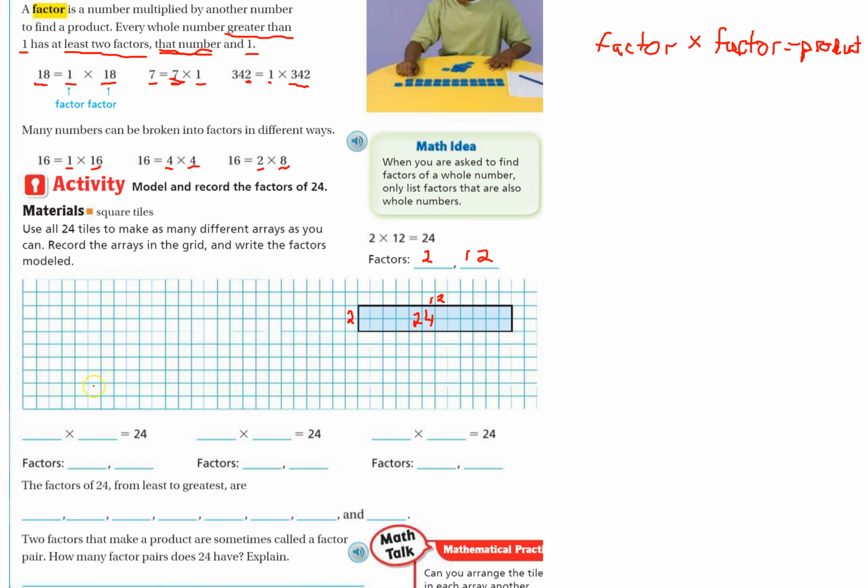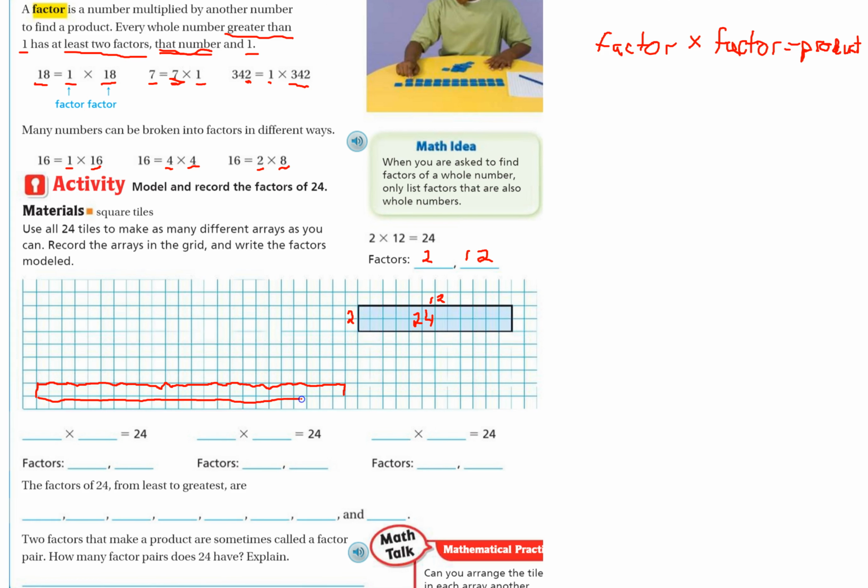Well, we can make 24 another way too, right? We can go 1 up, just 1 box up, and 24 over. 1, 2, 3, all the way to 24. And again, I just close it off as best I can.